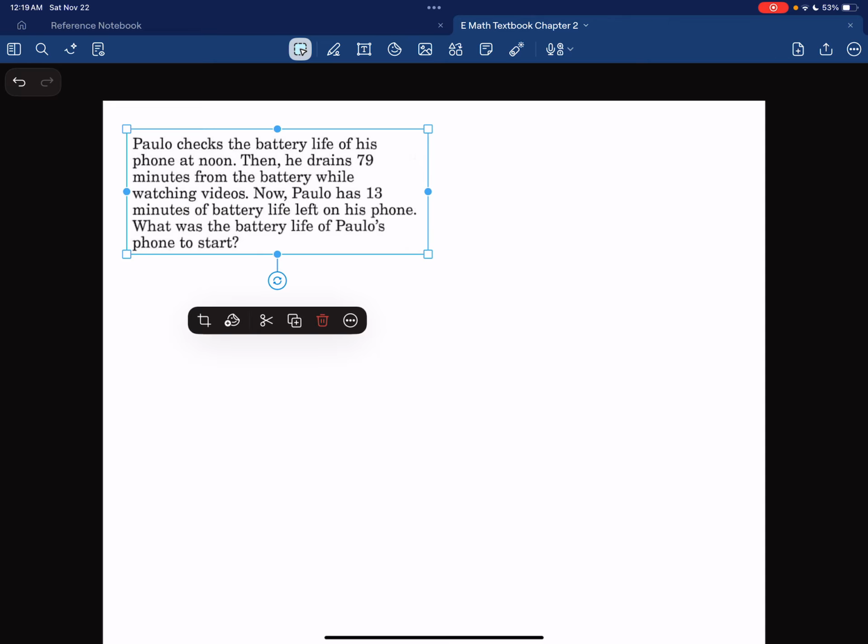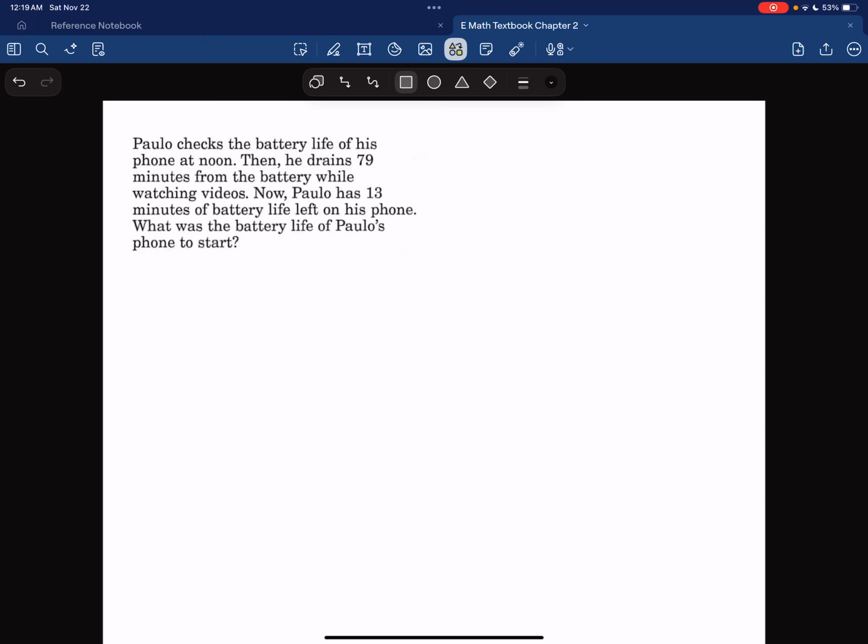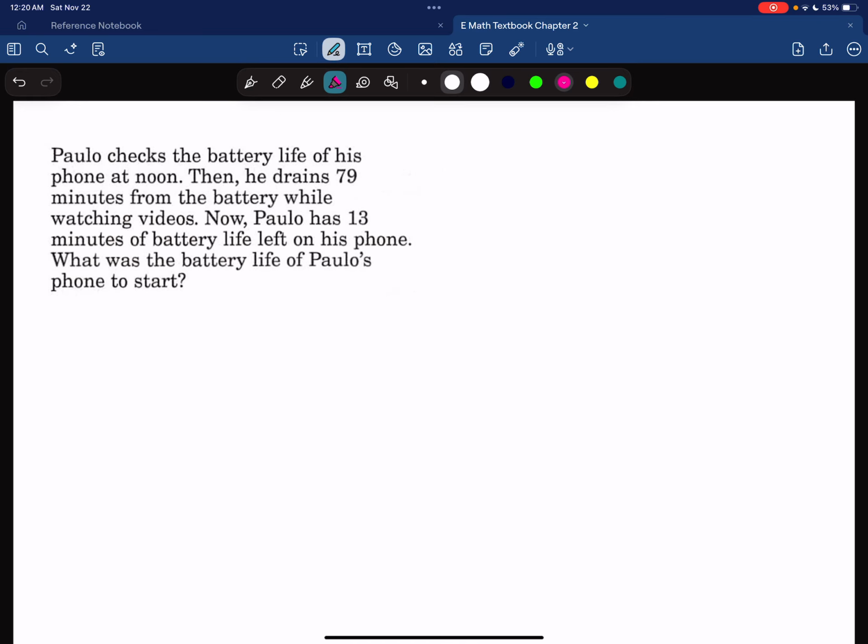So for this one, I'm going to use a completely different type of model, but let's mark up the question first. What was the battery life of Paulo's phone to start? So we're looking for a total here, the beginning of this story. How much did he have at the beginning?